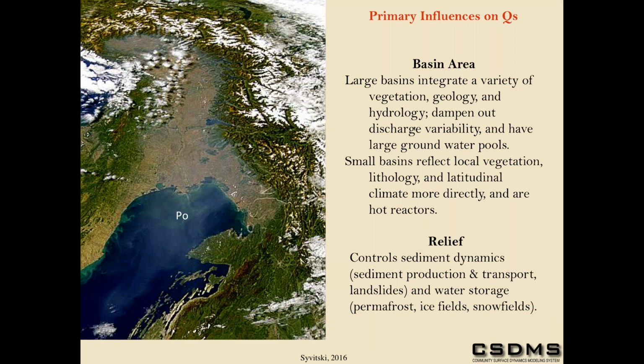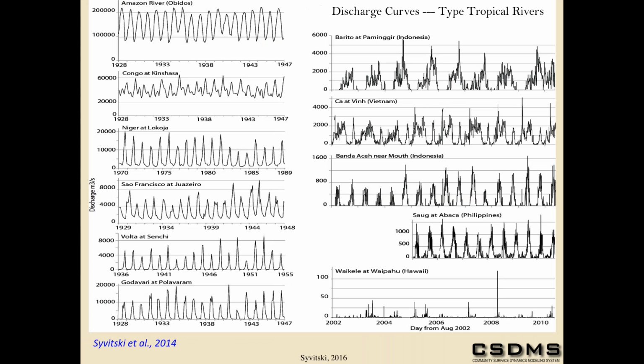And relief controls the sediment dynamics. It provides the potential energy that can be transferred to kinetic energy. It impacts sediment production and landslides. And of course, because of the storage of water in terms of permafrost, ice fields, and snow fields, relief has a big role. It does today and it will in the past, even if it doesn't translate necessarily to snow or ice.